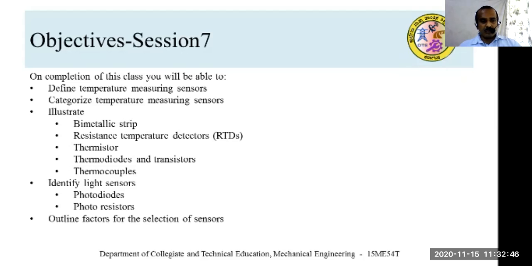Finally, we discuss the factors considered in the selection of a sensor.